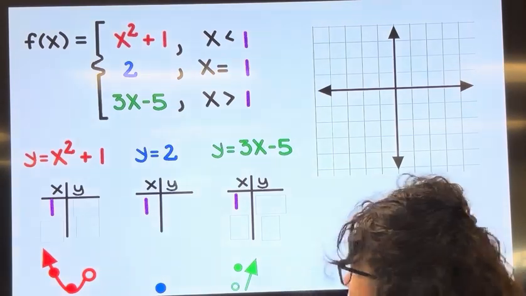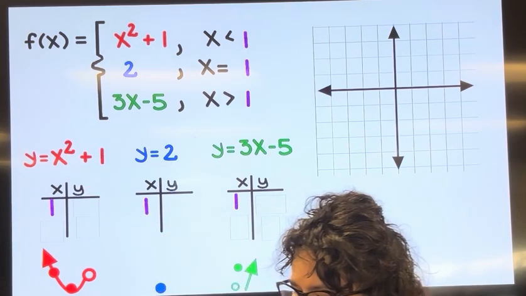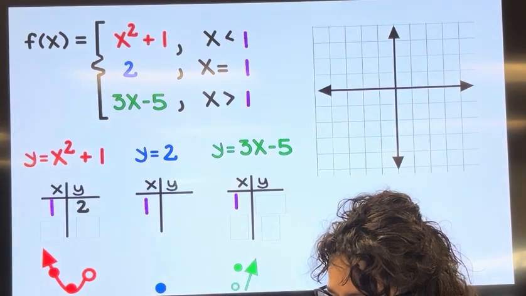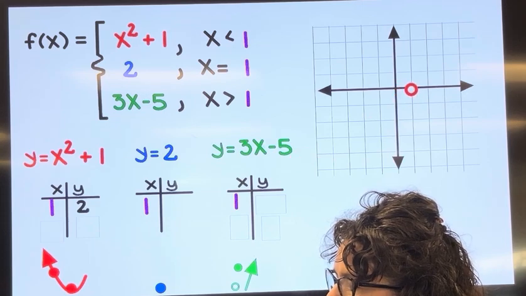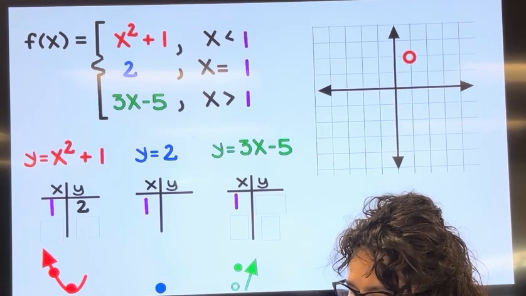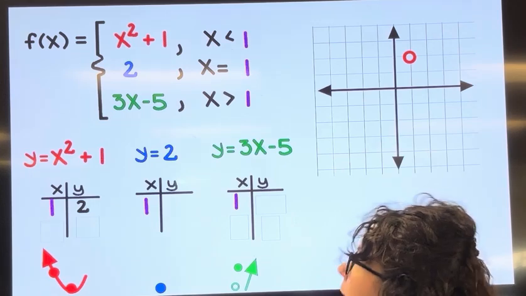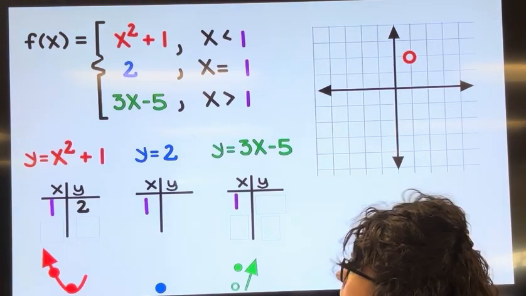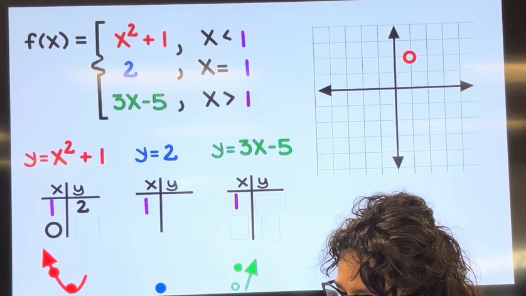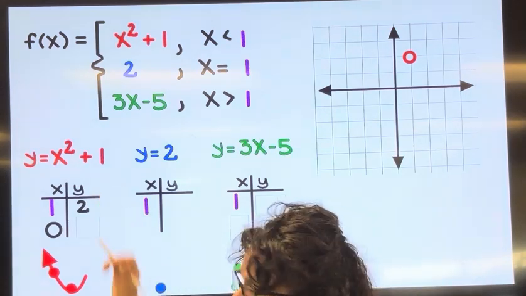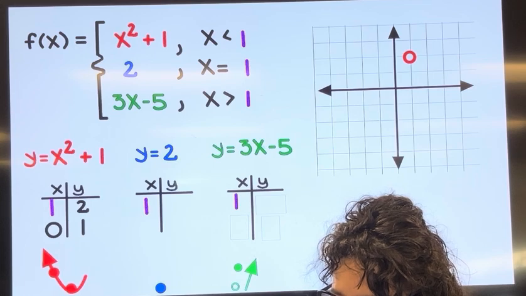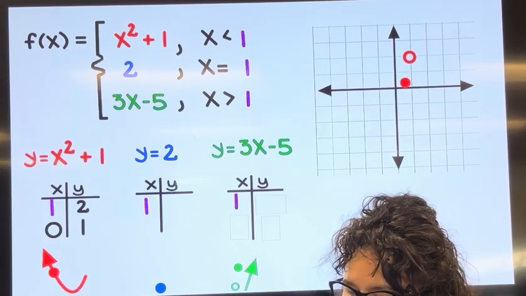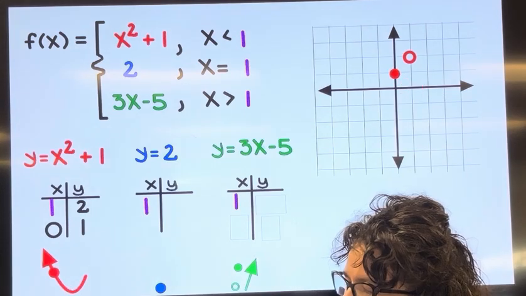Okay, so if I plug 1 into this, I get out 2. So I'm going to plot the point, right 1, up 2. Okay, then I need to pick a number that is less than 1. So let's go with 0. I plug in 0. 0 squared plus 1 is 1. And I go and I plot that point. So 0, comma 1.